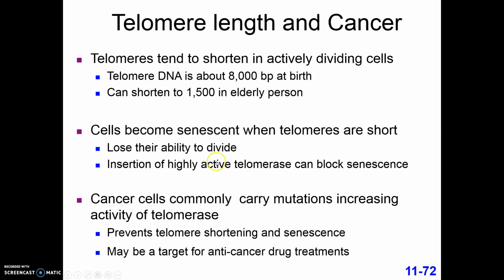And this will help protect the cell, because since it has too short of telomeres, if it doesn't divide, nothing bad can happen. Now, if you were to take a cell that was getting close to senescence and somehow reactivate telomerase, this would block this senescence process. So telomerase, if we could reactivate it, would prevent cells from becoming senescent.